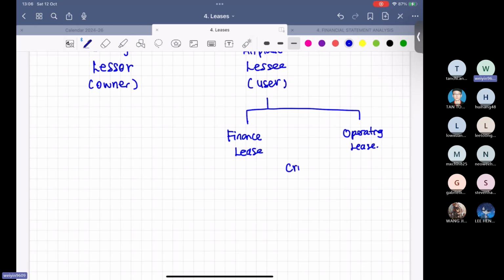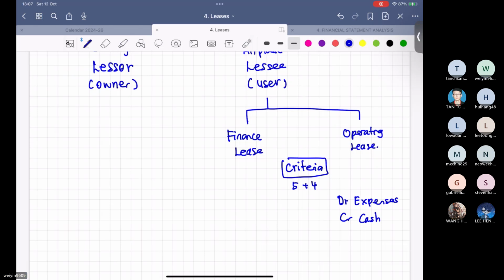Of course, there are criteria to be met. We have 5 plus 4 criteria. If you classify it as an operating lease, it's very easy. You just debit your rental expenses and credit cash.